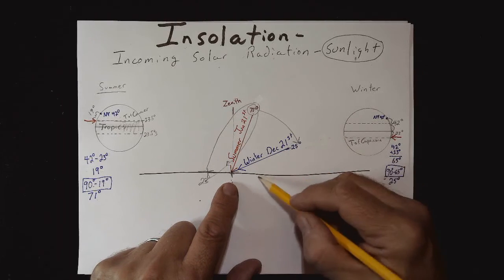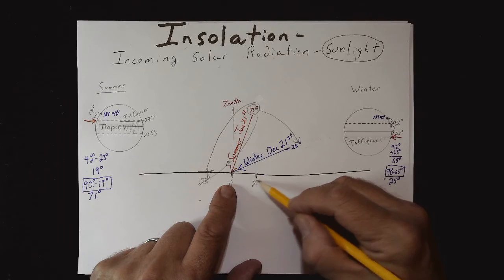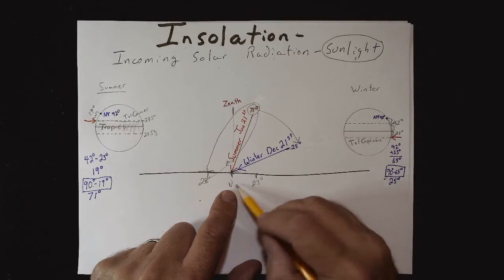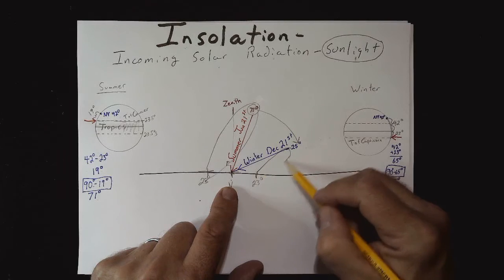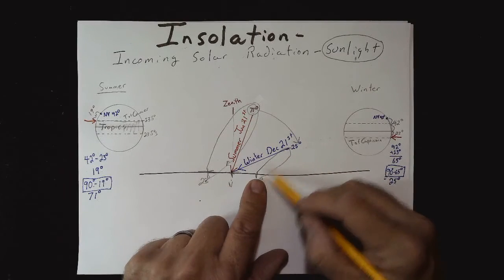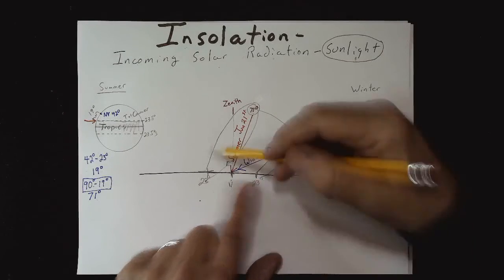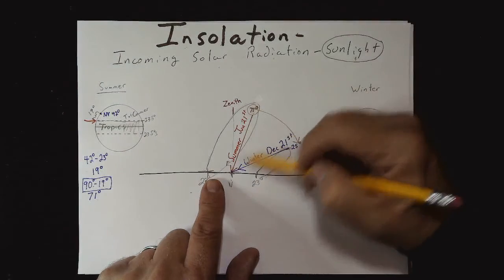In winter, the sun is rising 23 degrees south of that line. So it just has to climb up to here and climb back down to there again. It doesn't take very long to move through that, whereas it takes a long time to move through this.